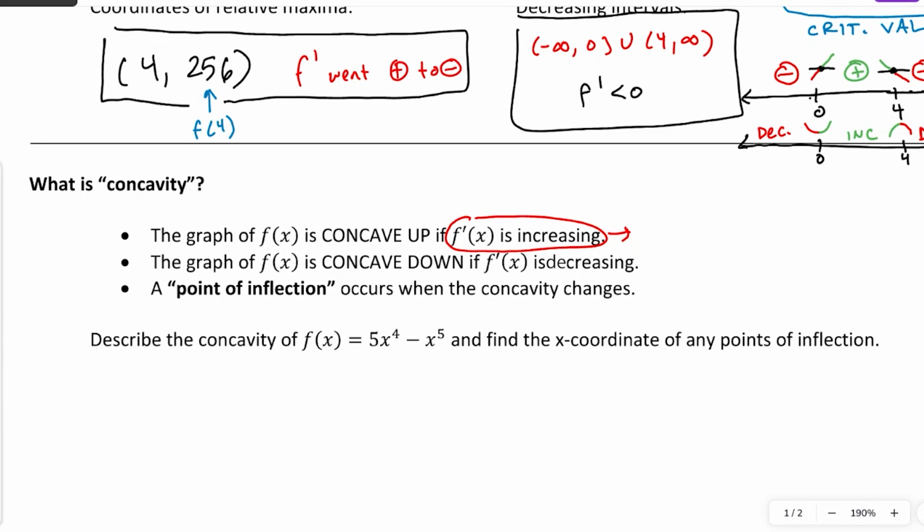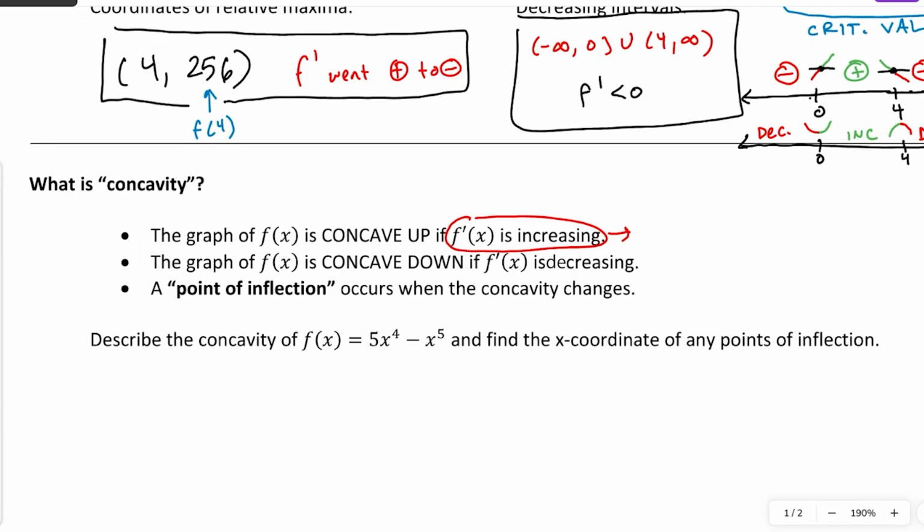So if f is increasing, if f's going up, the derivative, f prime, the slope, is positive. If f prime is increasing, think about it like this. If f prime is the velocity and it's increasing, you're getting faster. Another way of describing getting faster is you're accelerating. The rate of change is positive.